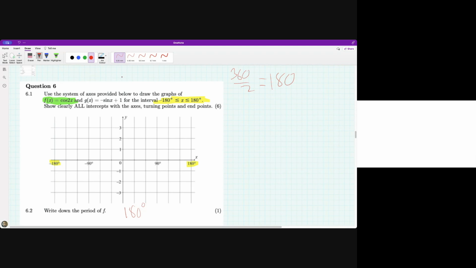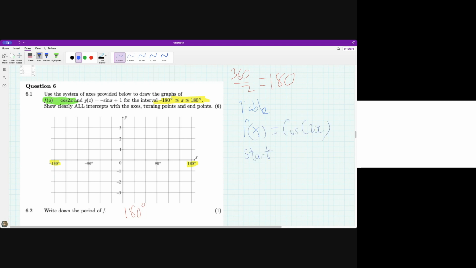Okay, I want you to draw this graph using your calculator. So I'm going to give you 2 minutes to do this. All you need to do is go to table, then type in the function, which is going to be cos 2x.